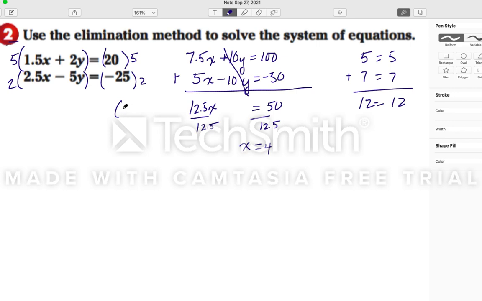I'm looking for the complement to 4, meaning when I plug 4 back into the equation, I want to know what the y value is. So I'm just going to take the first equation, substitute that 4 right in there, and solve for y. This gives me 6 plus 2y is equal to 20. 2y has to be equal to 14 by subtracting 6 on both sides, and y is equal to 7. So the solution here is 4, 7.